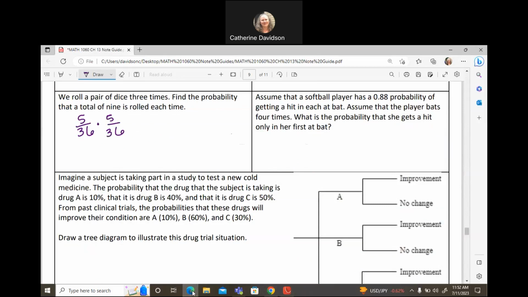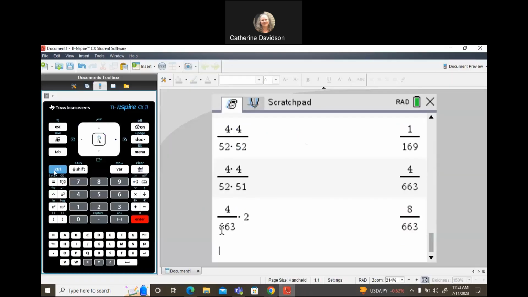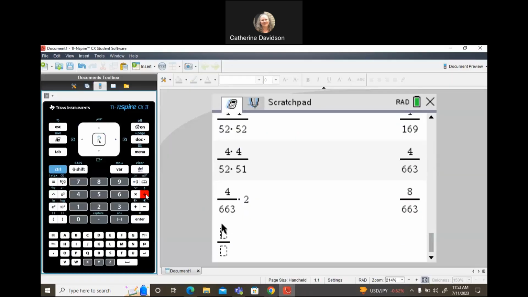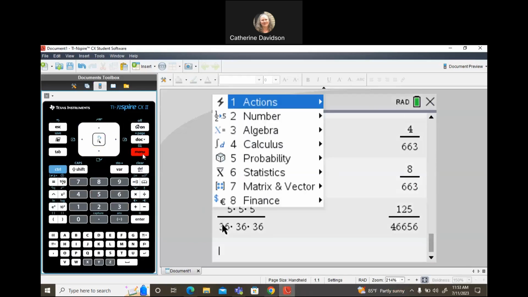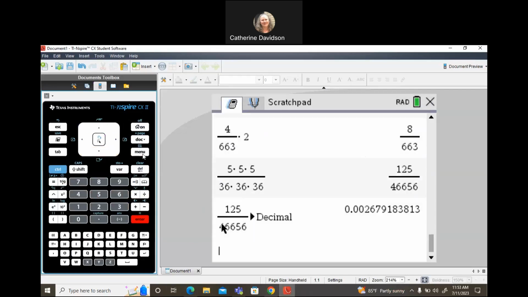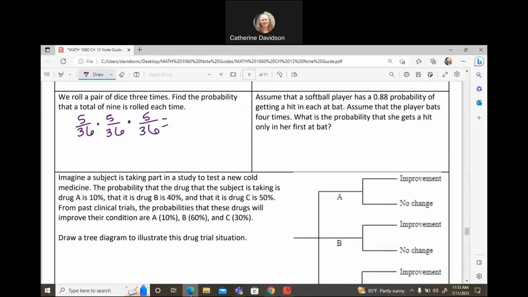And what's the probability you roll a 9 each time? For this, so 0.0027.